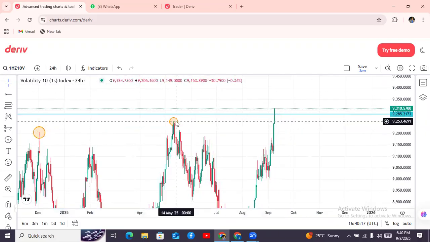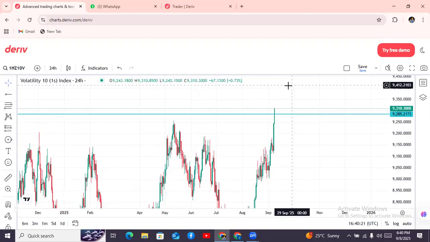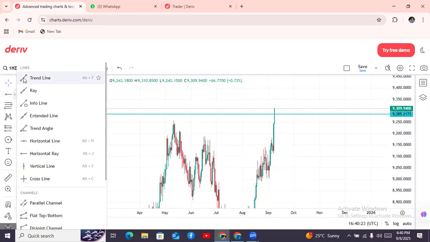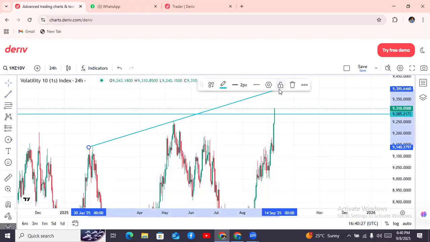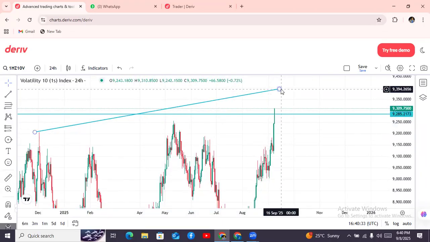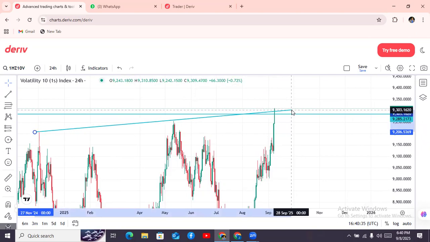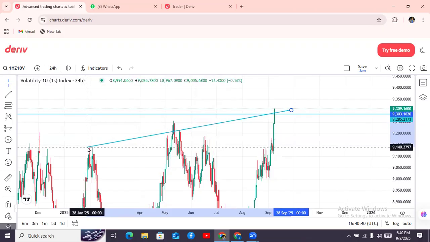We can change this pattern to this one, or even this one to that one. If we change this one to that one, price already broke through that one, so that one is invalid.